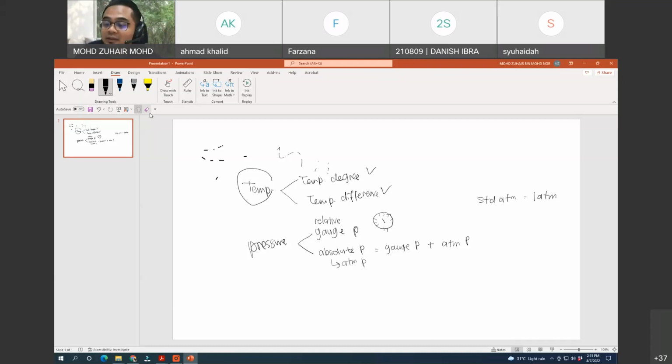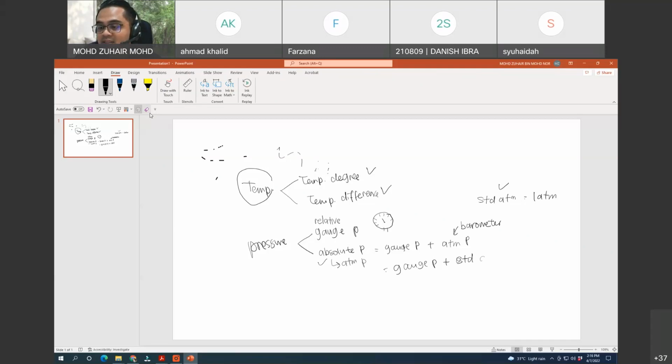Atmospheric pressure can be measured by a device known as a barometer. A barometer is specifically used to measure atmospheric pressure. But if a question asks about absolute pressure and does not give you any barometer reading, that means you can use gauge pressure plus standard atmospheric pressure.